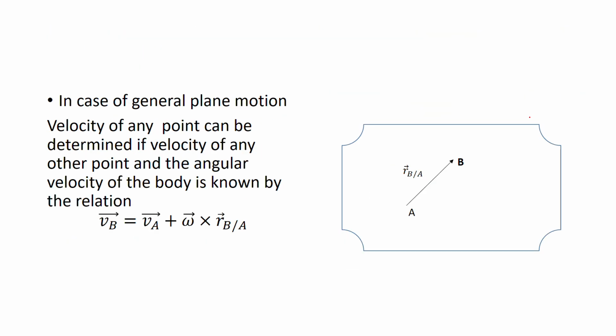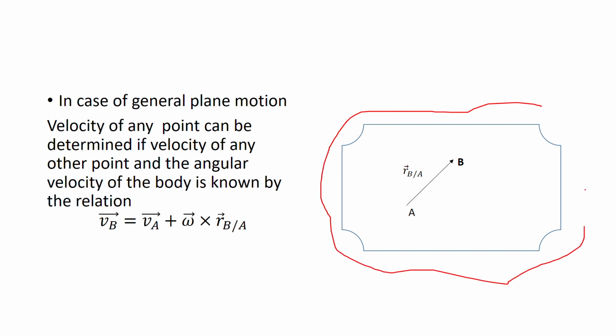Now let us take a finite body of some dimension, and we take 2 points on it. Suppose this is our point A, and this is point B, and RBA is the position vector of point B with respect to A. To determine the velocity of point B, if we know the velocity of point A, we can calculate VB.